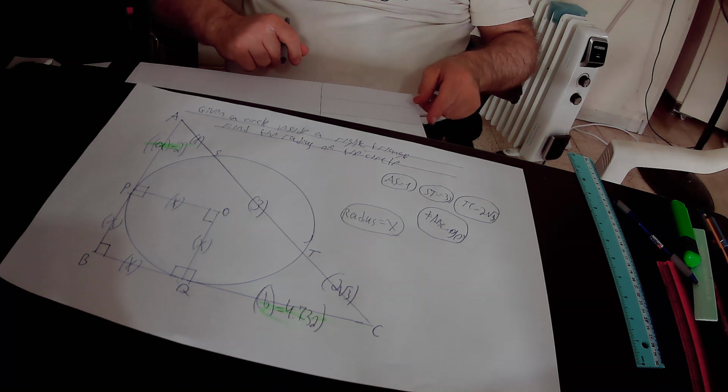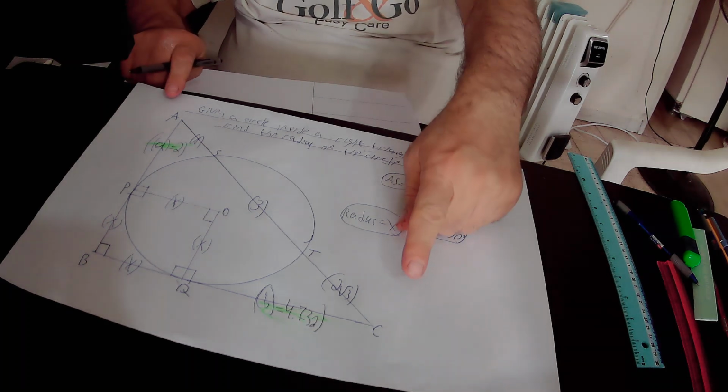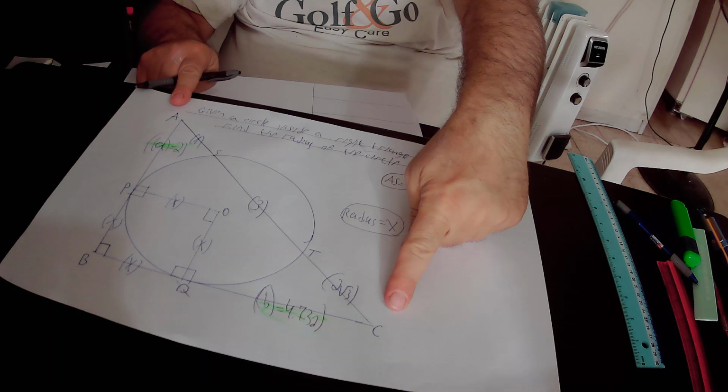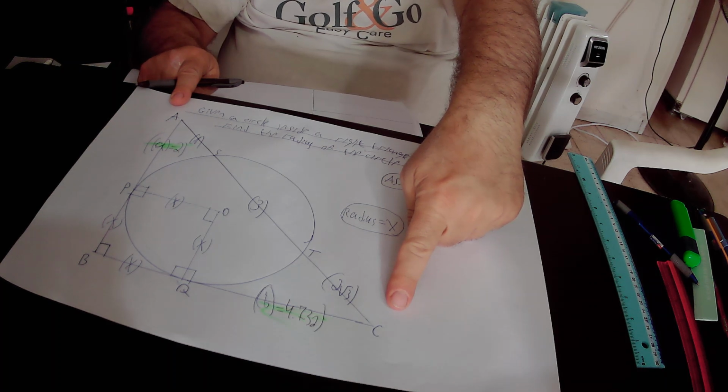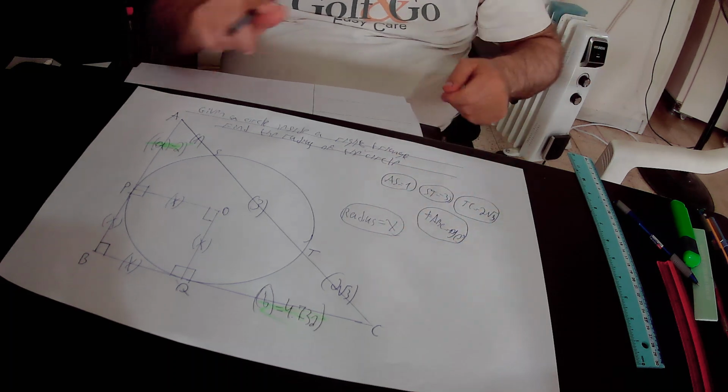So AC squared, what is the length of AC? The length of the hypotenuse AC, from the drawing it is very easy to see that AC equals in total 1 plus 3, that is 4, plus 2 times square root of 3. So in total AC equals 4 plus 2 times square root of 3.